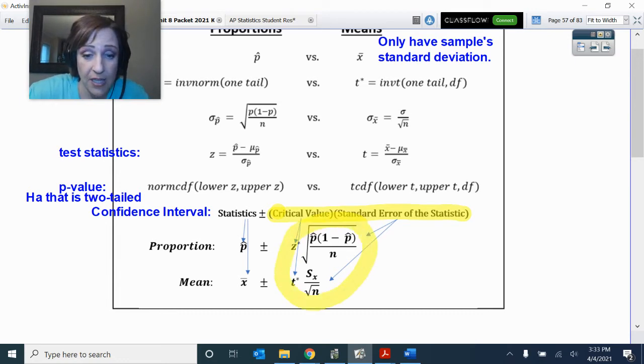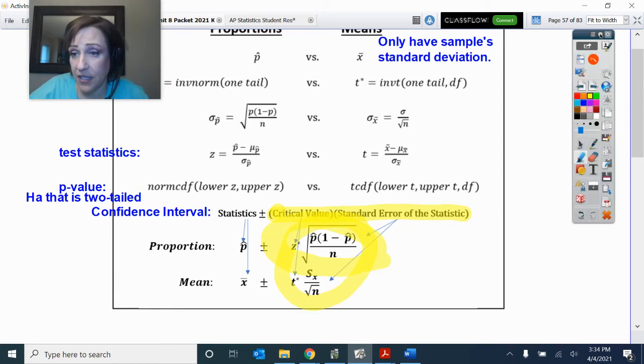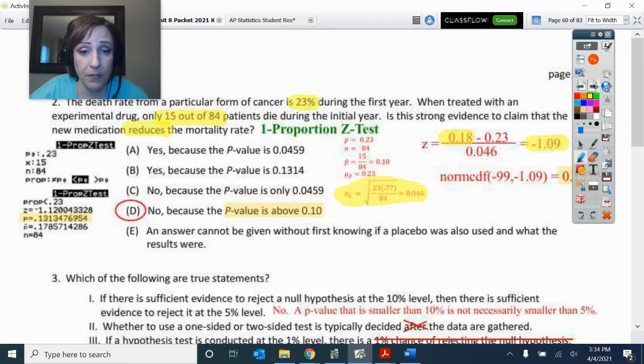So here's the margin of error that makes the whisker on a confidence interval. We have a proportion problem here, so we're going to set our margin of error equal to this z star times the standard error for proportions.